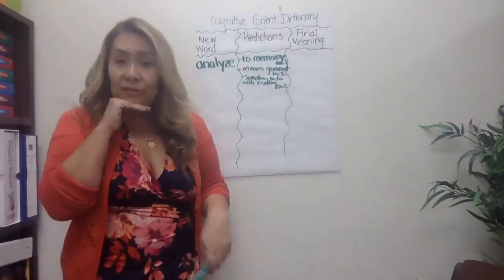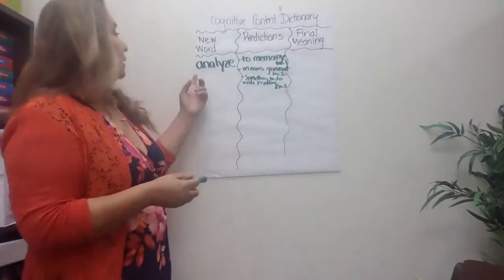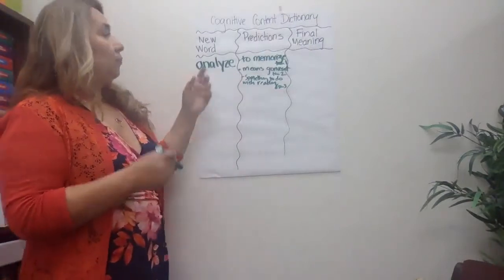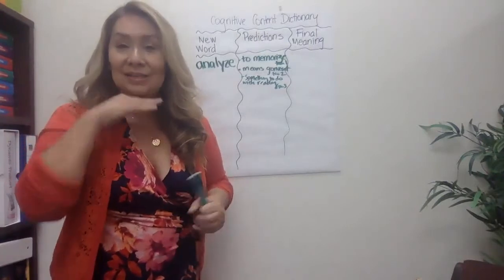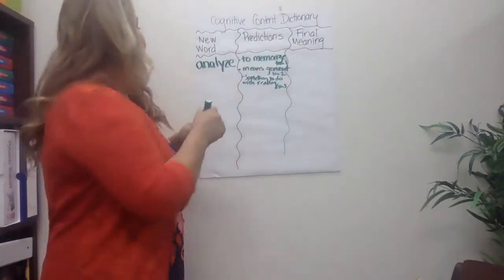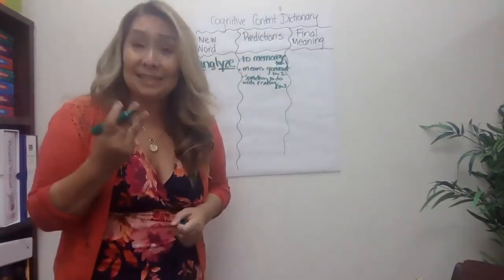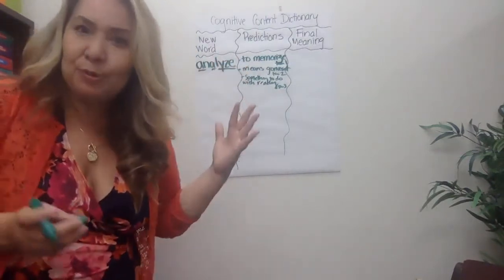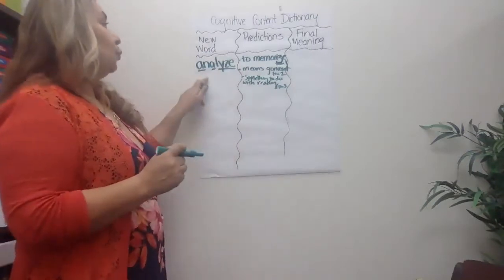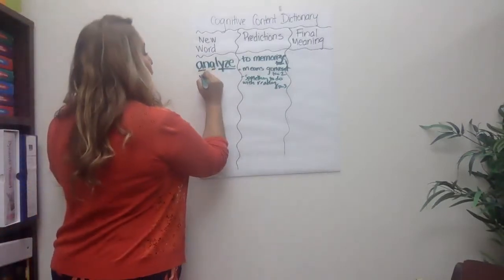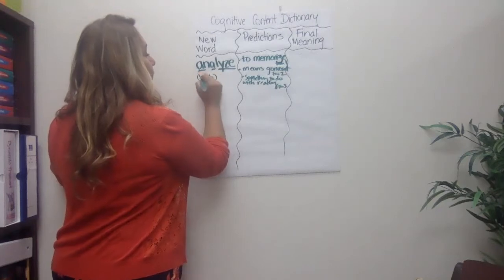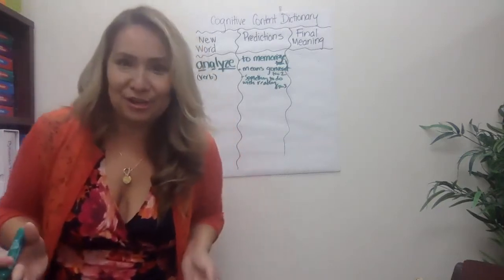Analyze. First of all, let's look at the word. It's going to be analyze. It has three syllables, so you can see it helps with our spelling. And this word here is actually a verb. It's a verb. That means it's an action, something we're going to do.